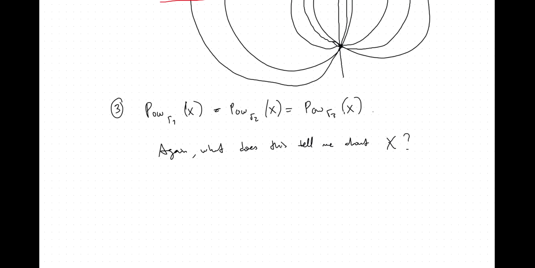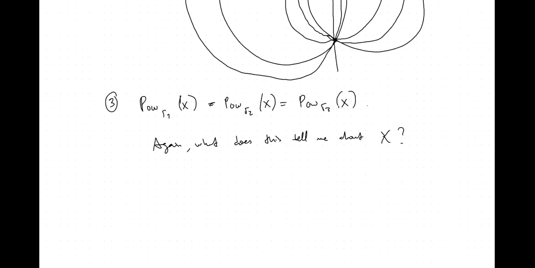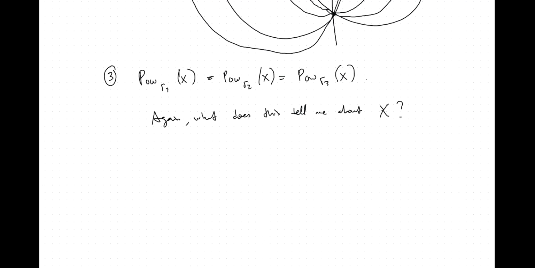So we know that X lies on the radical axis of circles 1 and 2, the radical axis of 2 and 3, and 3 and 1. Simply because we have already solved one equality case, it geometrically corresponds to a radical axis. So X lies on the radical axis of gamma 1 and gamma 2, gamma 1 and gamma 3, and gamma 2 and gamma 3.